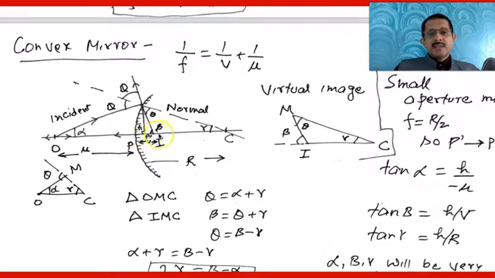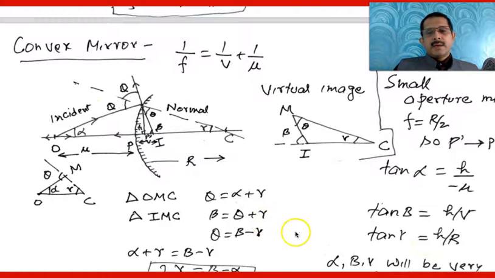This distance v is in the direction of the incident ray, and hence I have taken it as positive. Finally, tan gamma is equal to h by r. R is this, and this is in the direction of the incident ray, so I've taken it positive.